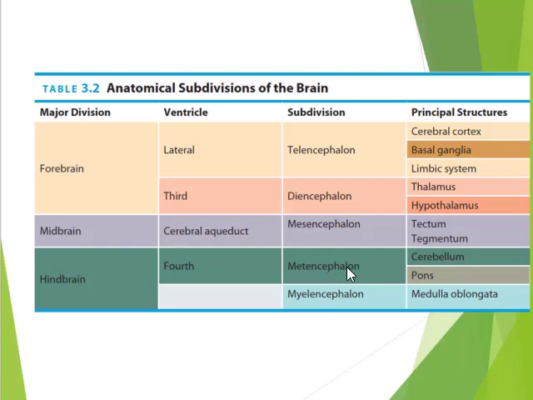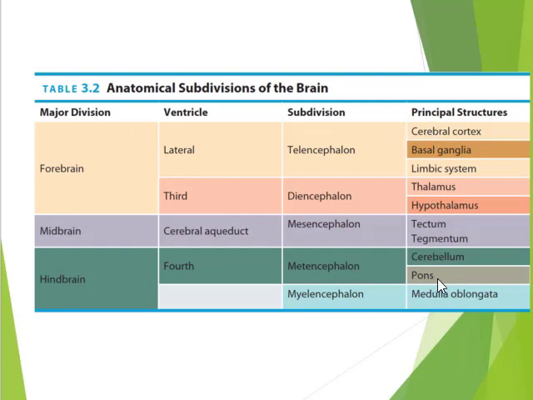The metencephalon comes to include the cerebellum and the pons as the brain further differentiates during development, and the myelencephalon becomes the medulla oblongata.